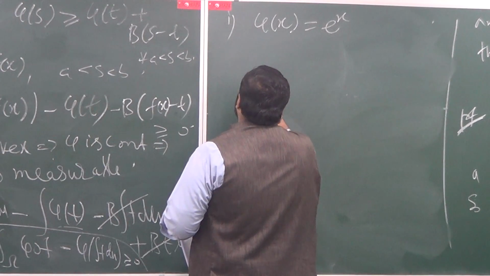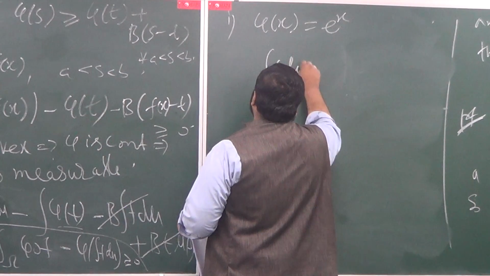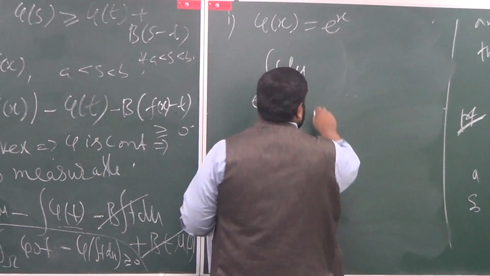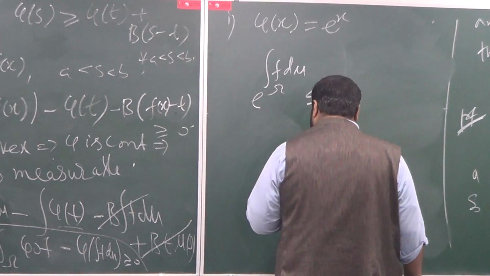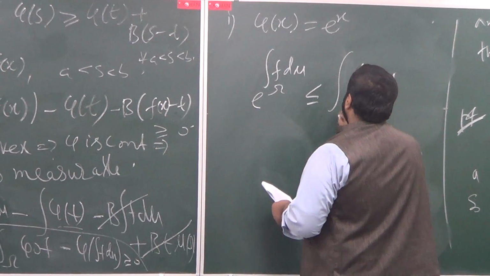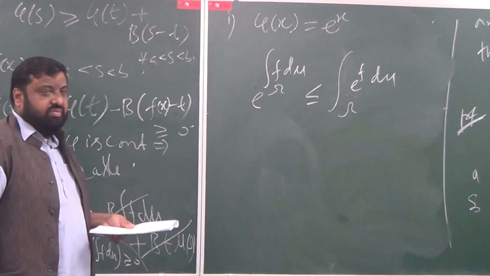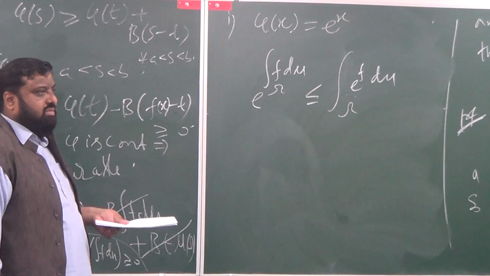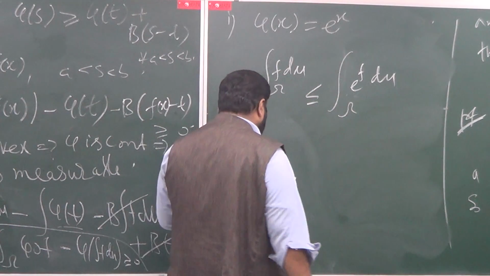That e to the integral is less than or equal to, what? The integral of e to the f d nu. We get an interesting conclusion: e to the integral is less than or equal to that.